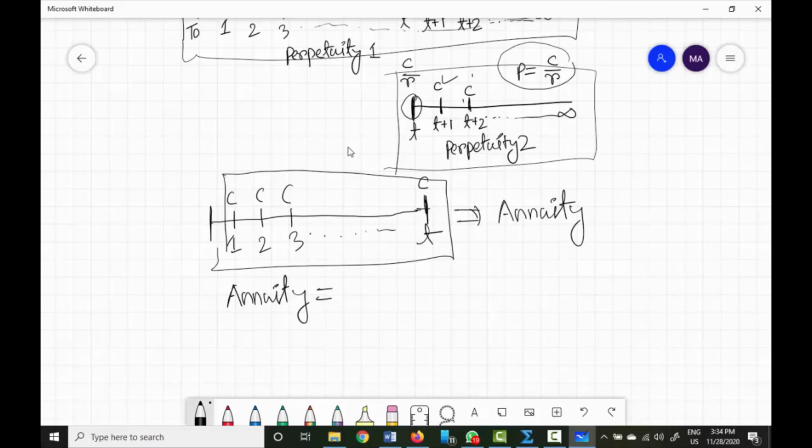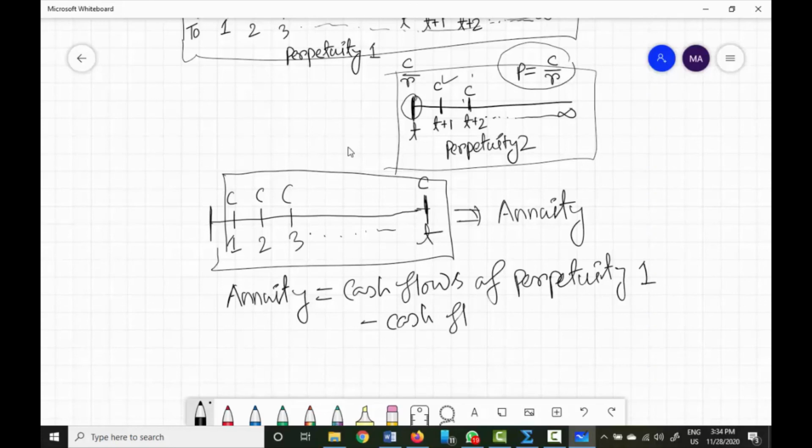Annuity means cash flows of perpetuity 1 minus cash flows of perpetuity 2.